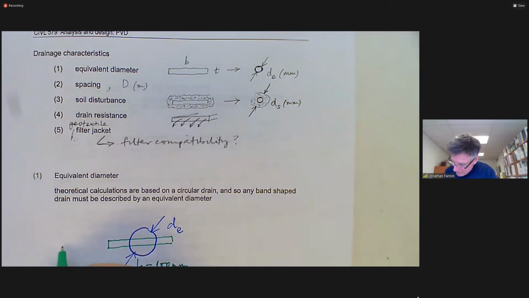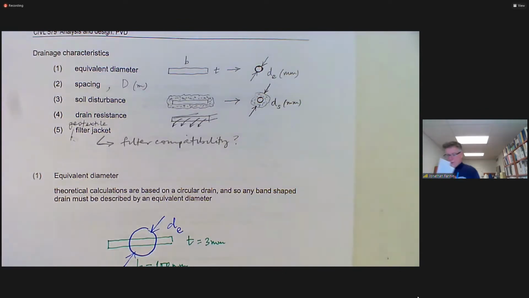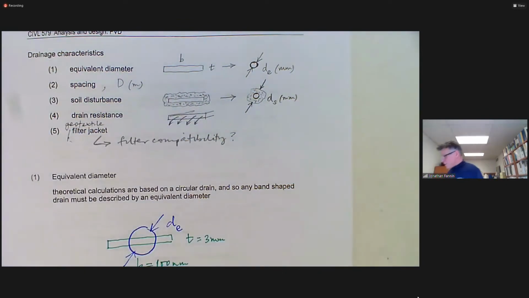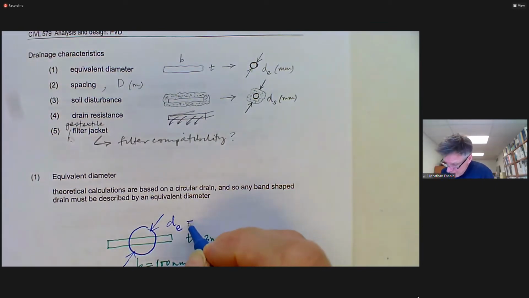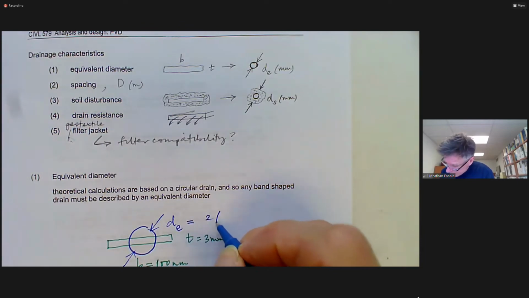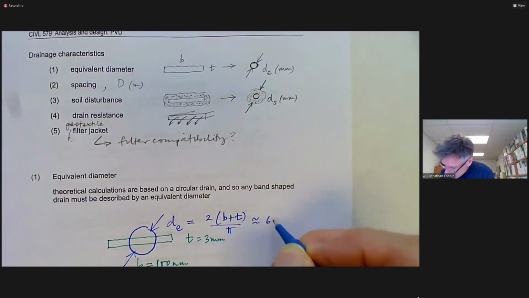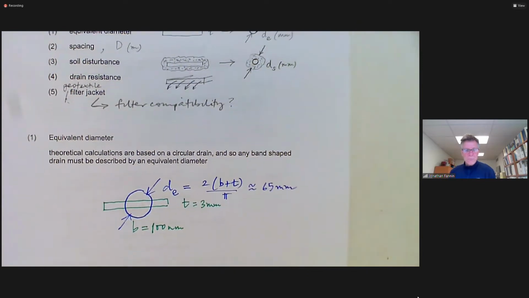Let's say the thickness T is 3 millimeters, right? Not far off the geometry that we have in this combination here. And DE is going to equal about 65 millimeters or so.